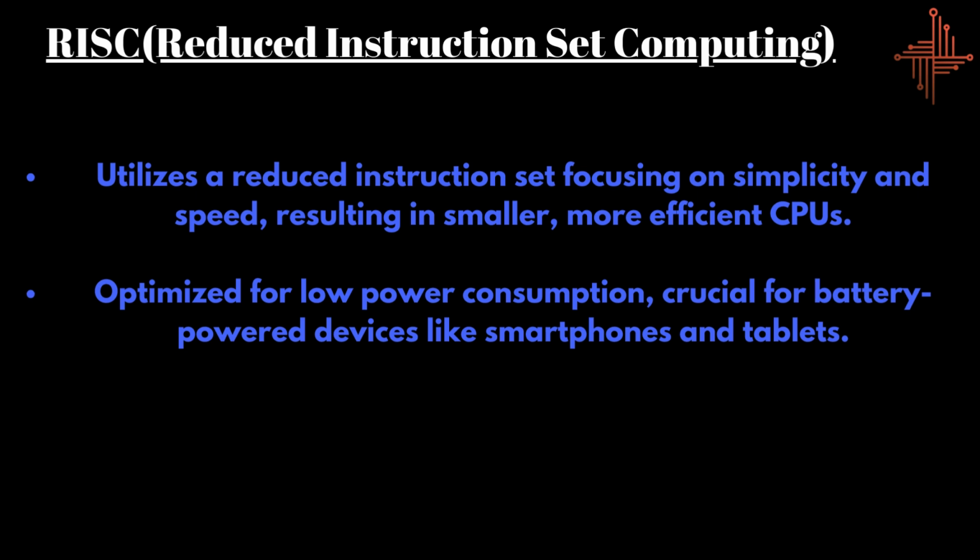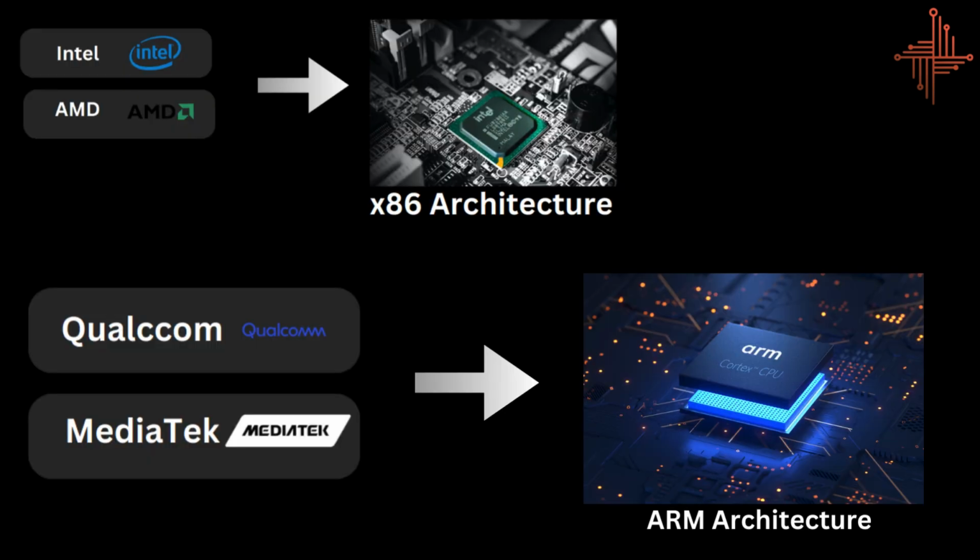It was now simple and could execute quickly, so it can do the work in a single clock cycle. Whereas in CISC, it used to take multiple clock cycles per instruction. So now they are optimized for low power consumption. They became the people's choice for mobile and small devices.